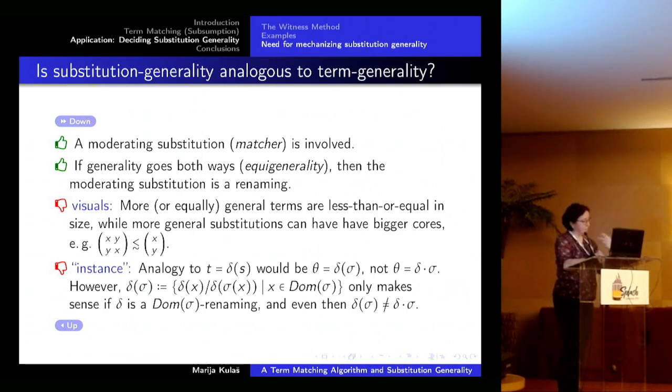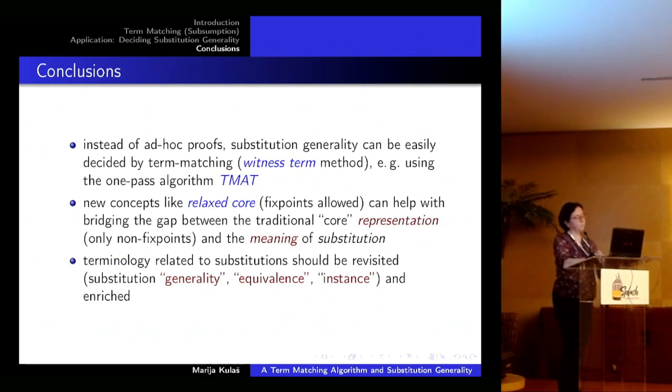But a substitution applied on another one is not always, of course, defined, and even if it is, the result is not the same as delta composed. So a piece is missing, that would be delta inverse on the end. That would be needed. So it's a problematic choice of a name.